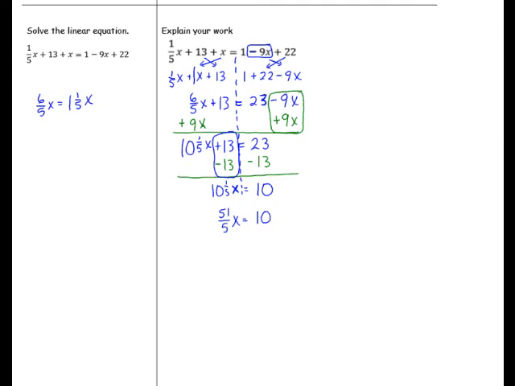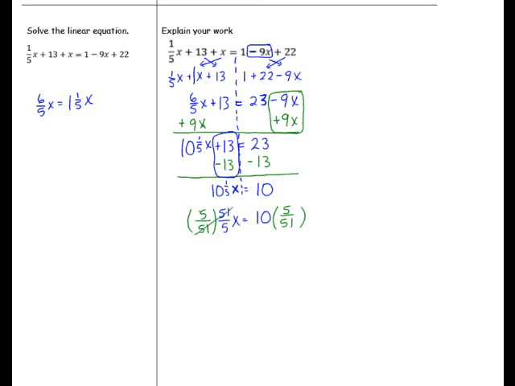Now I'm ready to divide by 51/5. When you divide fractions, you multiply by the reciprocal. Show multiplication with a parentheses. Multiply by the reciprocal, 5 over 51.